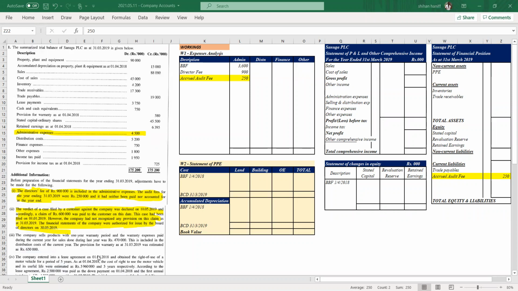Provision for claims, 600,000, other expense.